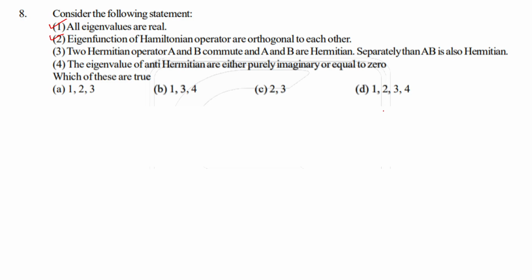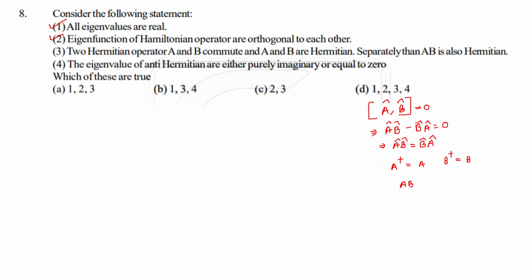See what they are saying: A and B commute, which means the commutator is equal to 0, that is AB minus BA is 0. And also they are saying A and B are Hermitian. That means A dagger is A, so A is Hermitian, and B dagger is B, so B is Hermitian.